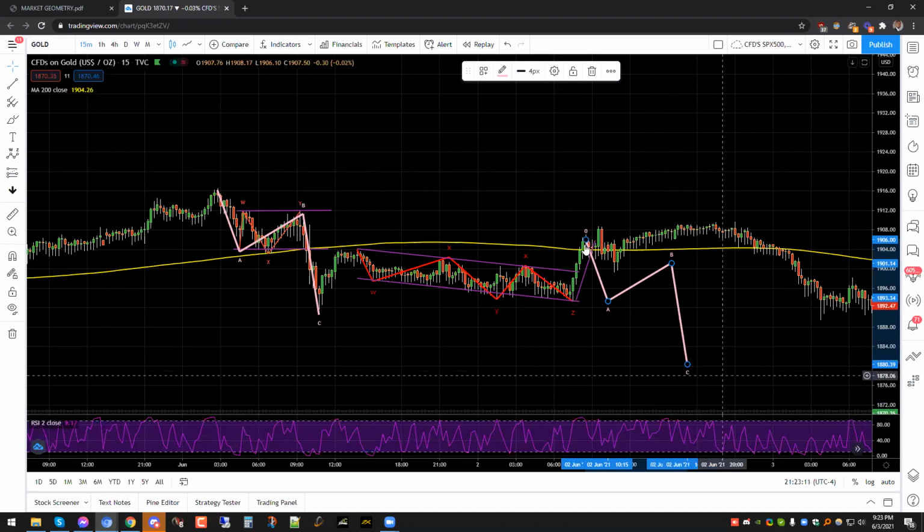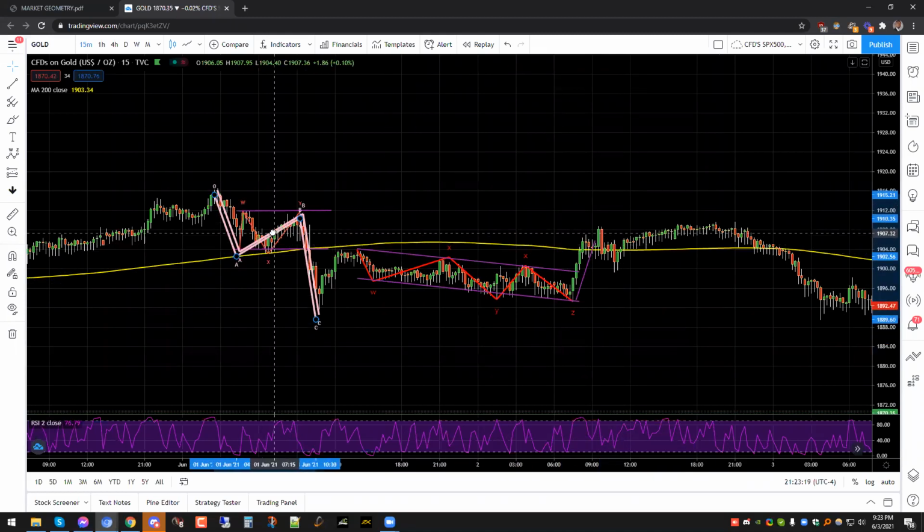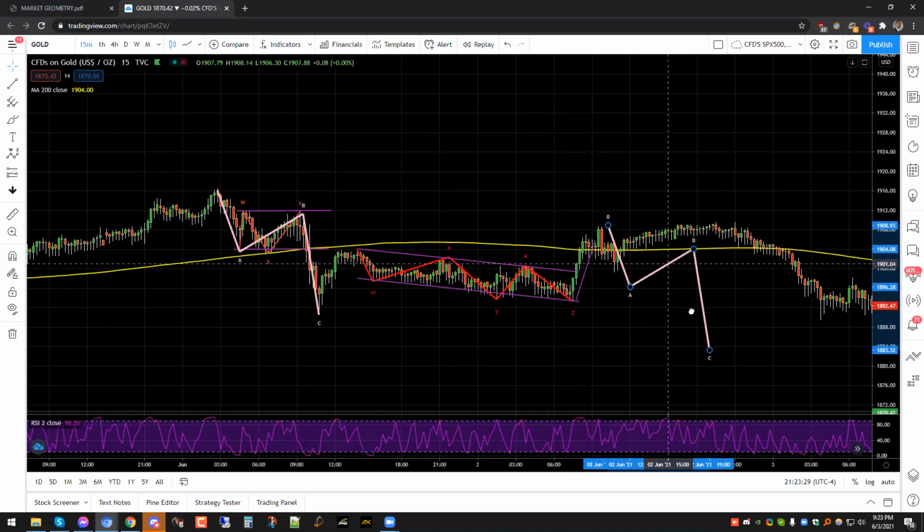So it doesn't have to come exactly like this. Well, this is the first wave down. It doesn't have to have this exact same shape. It could take on a shape of its own, okay? But it will most likely be that exact length, all right?